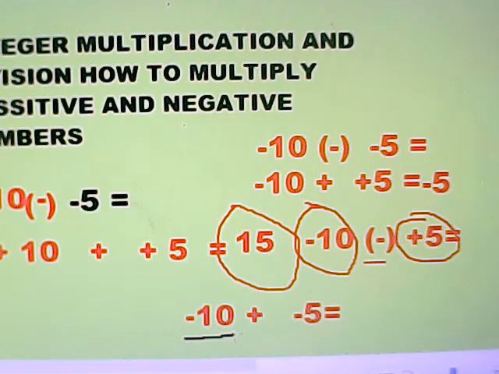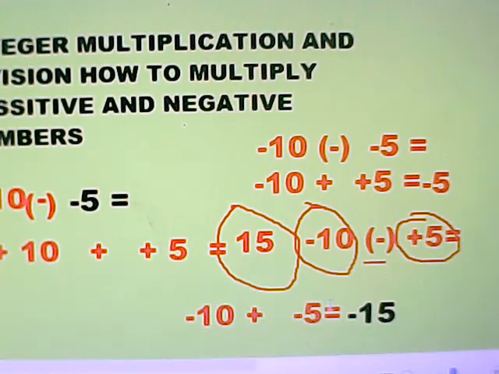Negative 10 plus negative 5, because we change the positive sign into negative, and then this one will become positive.